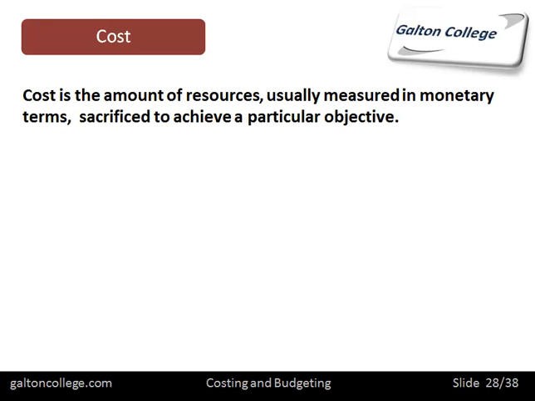Cost. Well, cost is the amount of resources, usually measured in monetary terms, sacrificed to achieve a particular objective. Now, costs will be dealt with elsewhere as well, but for the moment, we can envisage two types of costs here. We can envisage the costs of simply the monetary value of the raw materials that's gone in to make the product.